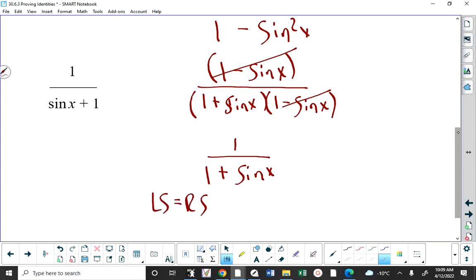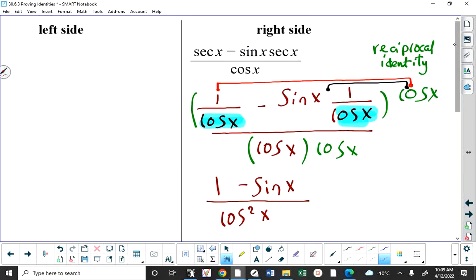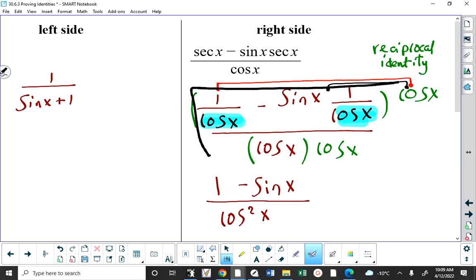What about non-permissible values? Well, we have here 1 over sine x plus 1. And then over here, we have, I'll risk it. Nope.